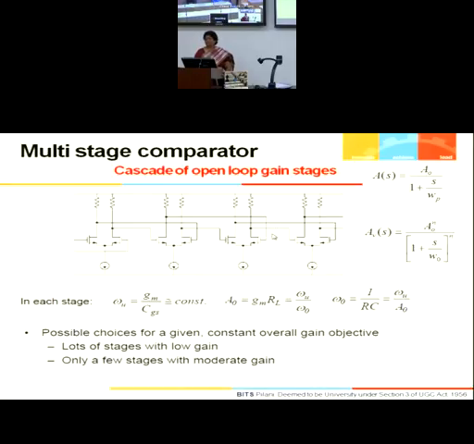So in this situation, the transfer function for all stages taken together, let me call it AVS. V out upon V in of this will be the transfer function for the n series cascade.